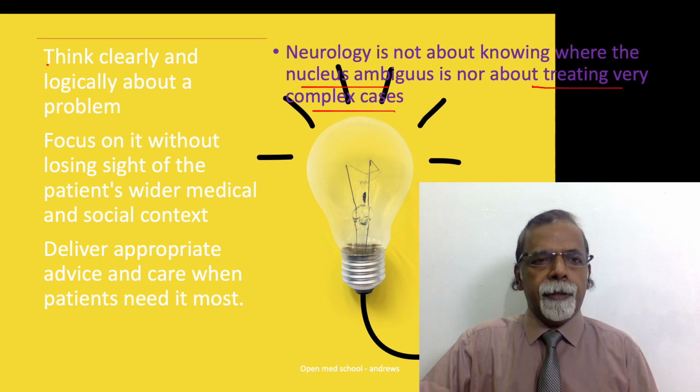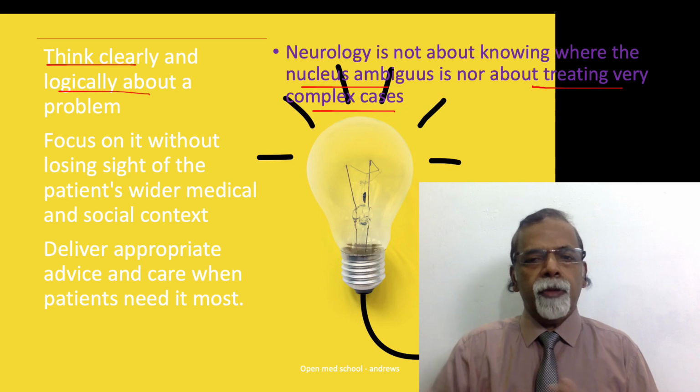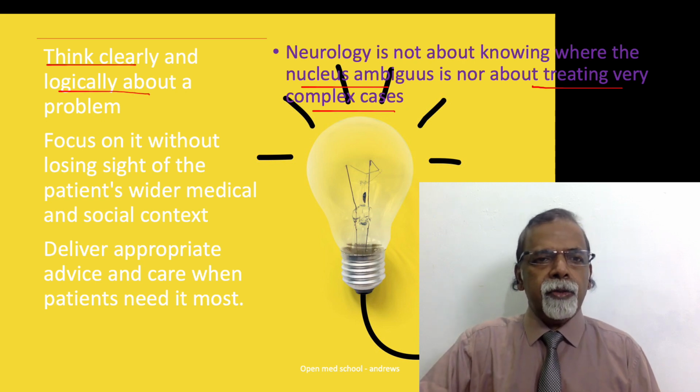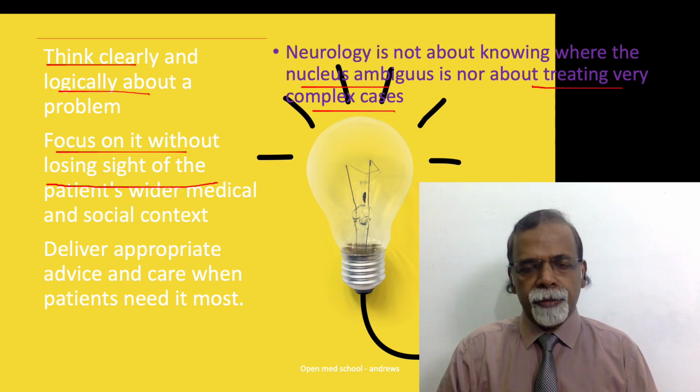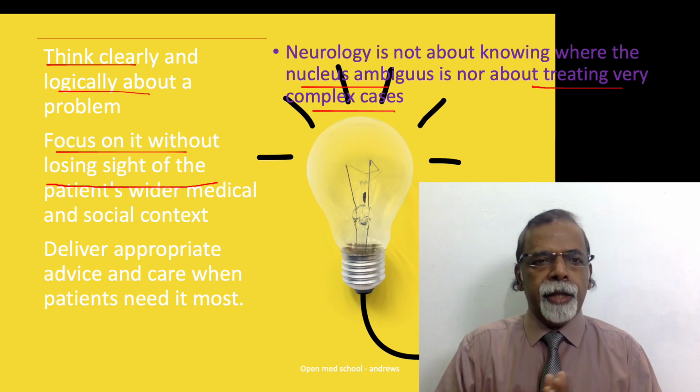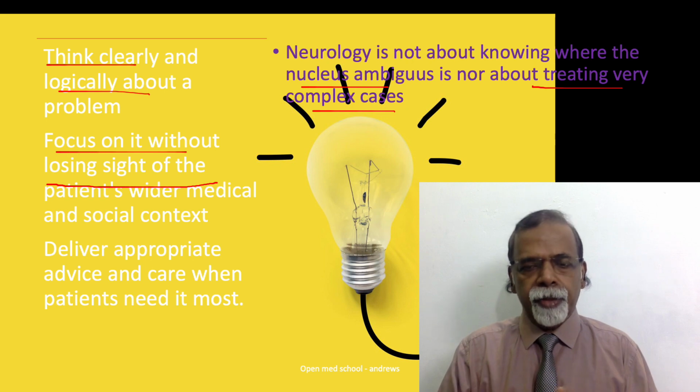Think clearly and logically about the problem. Focus on the problem without losing sight of the patient's wider medical and social context. Think about the medical disorders, think about the social context, and deliver appropriate advice and care when the patient needs it most. That should be the aim of a neurological examination.